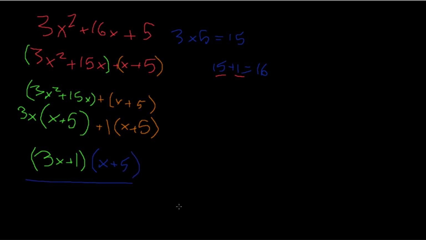And then boom, that is that problem factored all the way out. Now again, if you want to check, you just multiply them out. That times that, that times that, that times that, and then that times that. And then you simplify, and you should get the problem you originally started with.